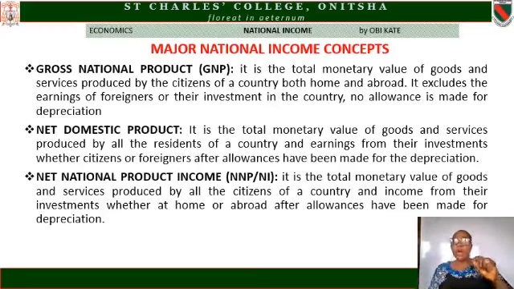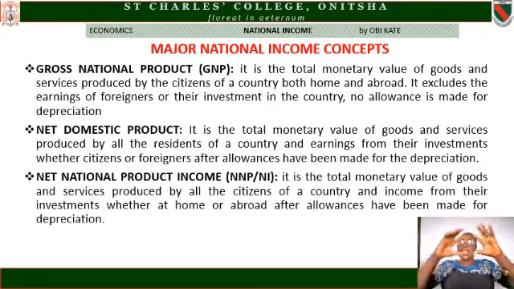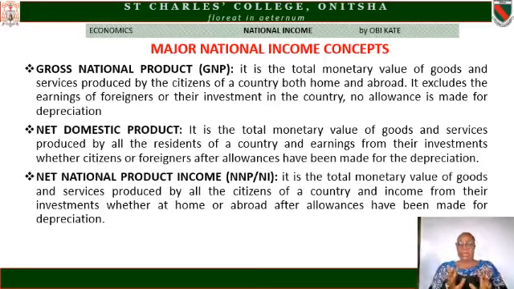But when you talk of GNP, the gross national product, it concerns the income of the citizens and their earnings abroad. That makes it for the citizens of a particular nation.